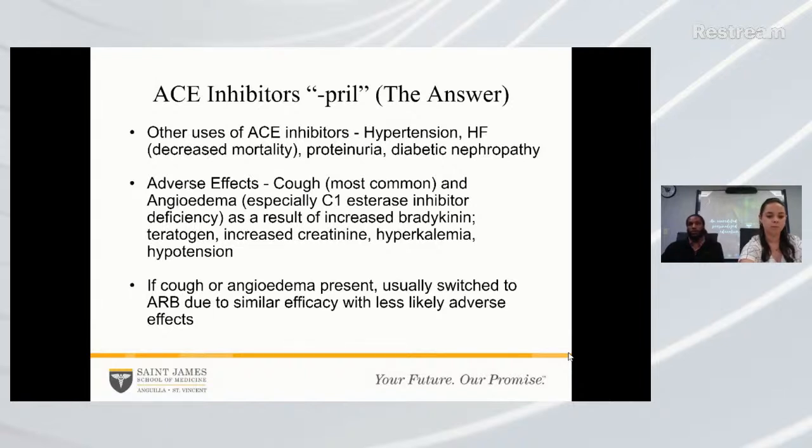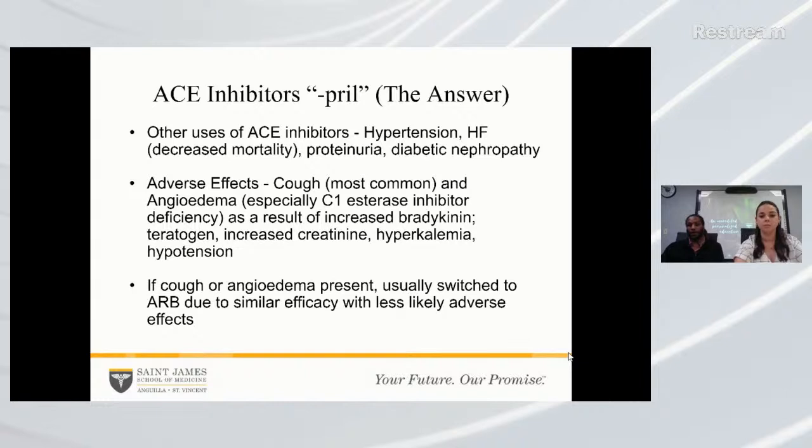So the two most common side effects of ACE inhibitors are going to be the cough, so a dry or non-productive cough, and then also angioedema. Both of these result from an increased bradykinin because you're not breaking it down. Angioedema is classically seen in people who have the hereditary C1 esterase inhibitor deficiency, but it can happen in other people.